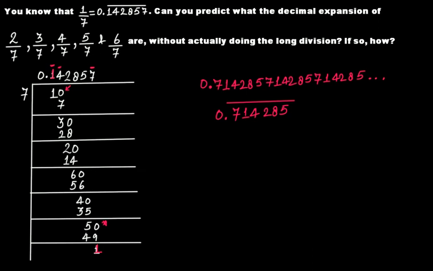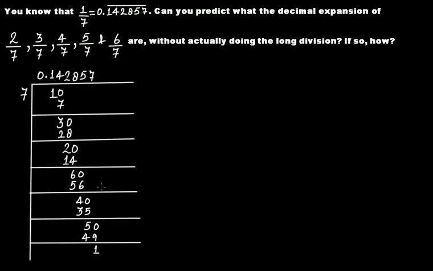So what about 6 by 7? In the case of 6 by 7, you are actually here. So you write 6 divided by 7. When you take 0, you'll put the decimal point 0. 7 times 8 is 56. You get 4 remainder, you put 0. 7 times 5 is 35. You get 5, you put 0. 7 times 7 is 49.